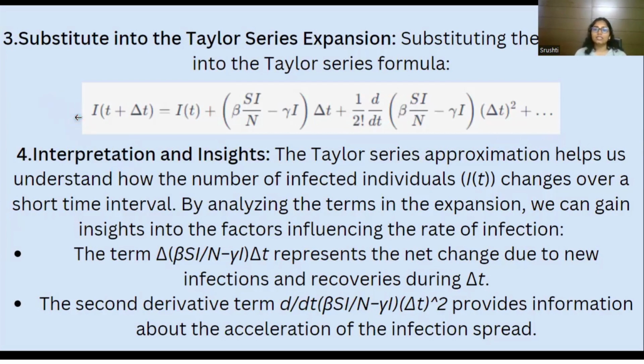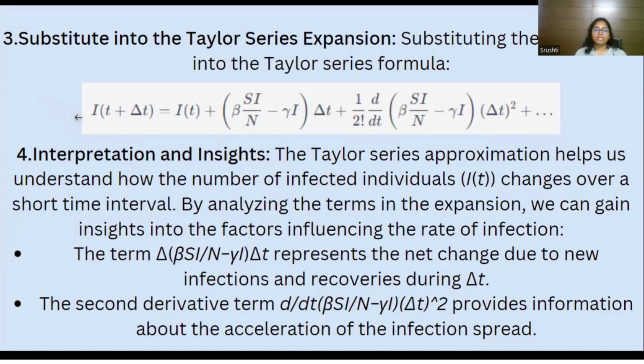The Taylor series approximation helps us to understand how the number of infected individuals I of t plus delta t changes over a short time interval. By analyzing the terms in the expansion, we can gain insights into the factors influencing the rate of infection.